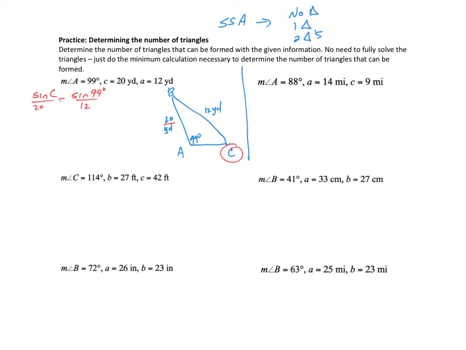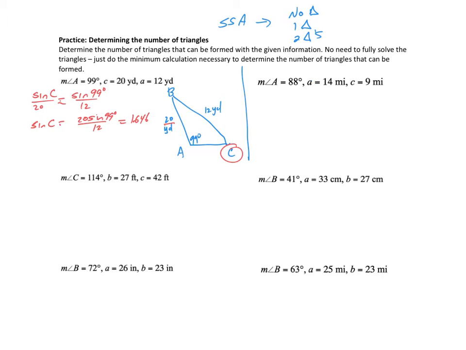First we multiply both sides by 20, so sine C is equal to 20 sine 99 degrees over 12. If you enter that into your calculator, you get 1.646.